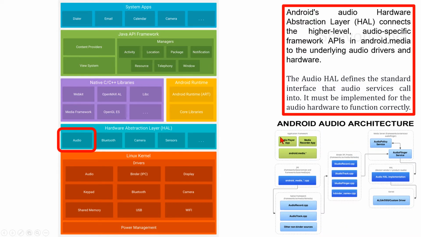Here you can see the application framework. It includes a media player app, media recorder app, android.media, and JNI. Here we can see android_media_ with a number of files with .cpp.